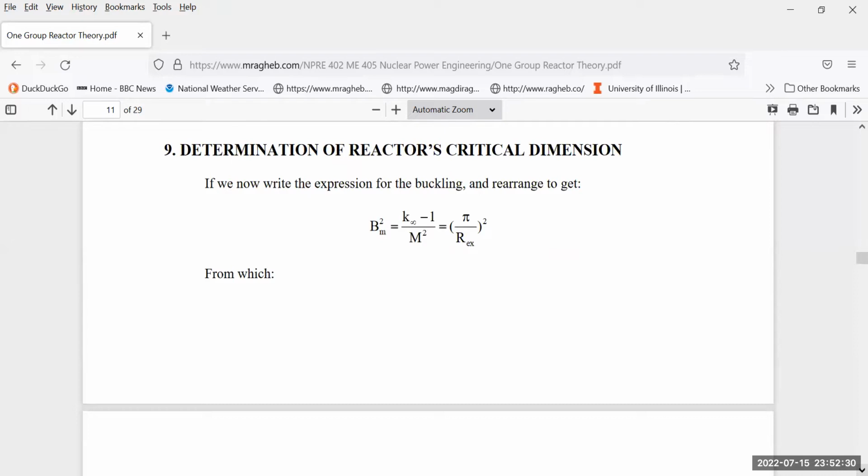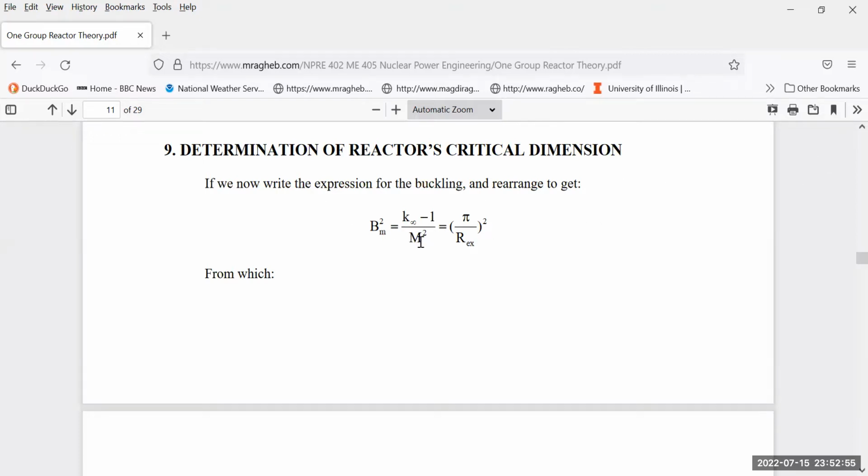All right, so let us rearrange that expression for the buckling to determine the critical dimensions of a reactor. We suggested that the material buckling, B squared sub m, is k infinity minus 1 over L squared for a one group theory. Now here we are using a two group theory or a modified criticality equation.